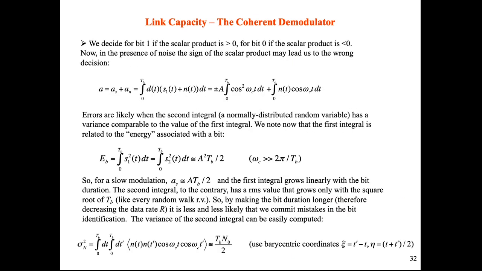We saw that, unfortunately, the channel is noisy, so there is always noise added to the measured, the recorded voltage, and therefore the scalar product is the sum of a part which comes from the signal and a part coming from the noise.